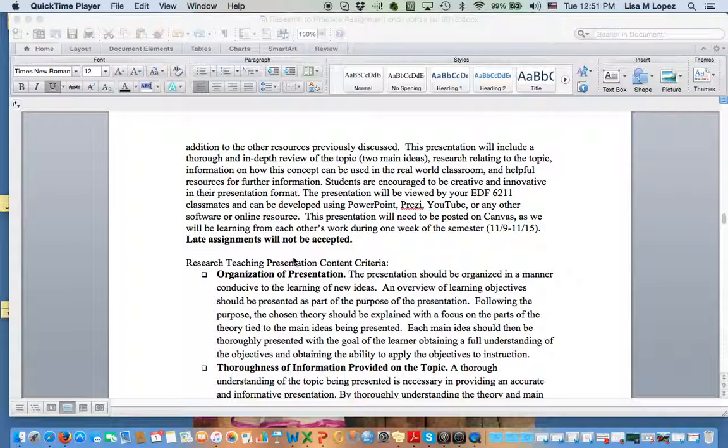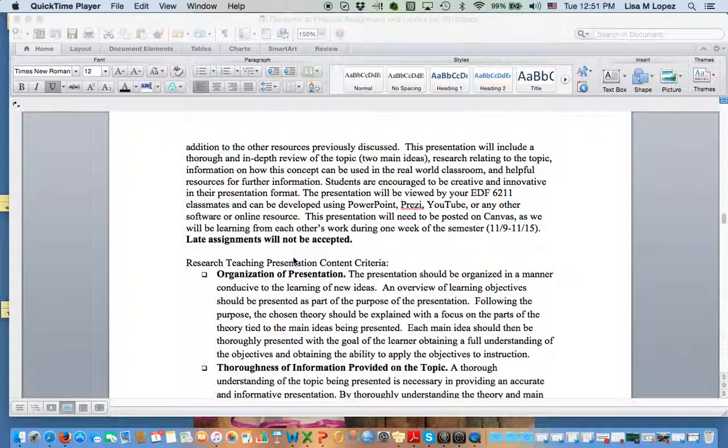So the presentation is going to include a thorough and in-depth review of the two topics, so your two main ideas, along with evidence for those topics, information on how this concept can be used in a real-world classroom, so your implications piece. And for those of you that are not teachers, it could be in a practitioner setting.